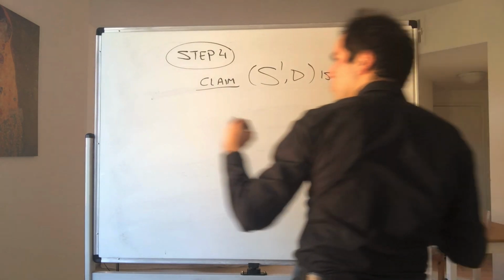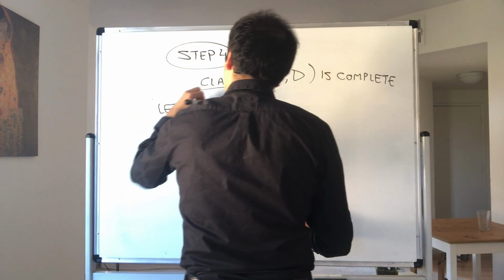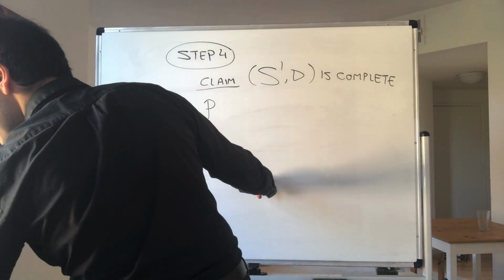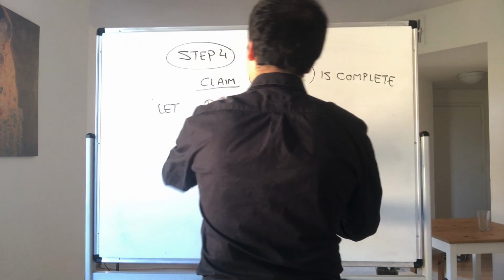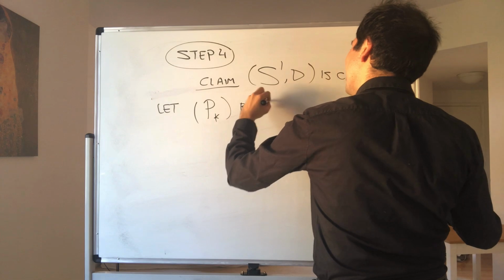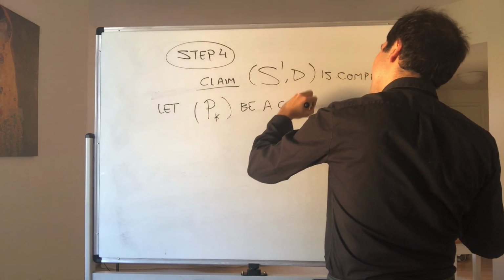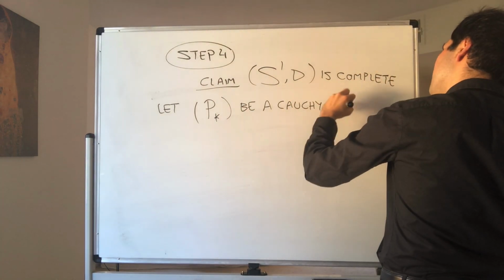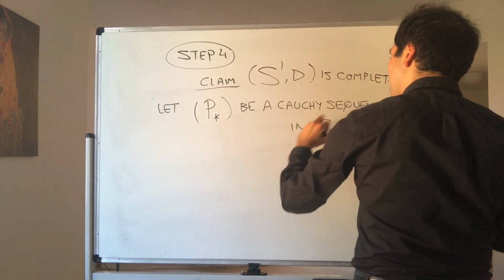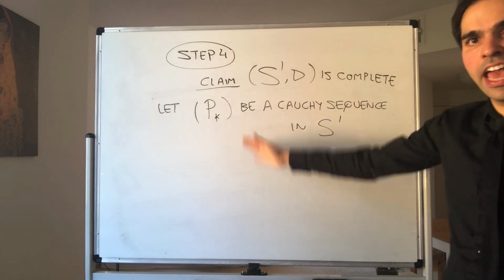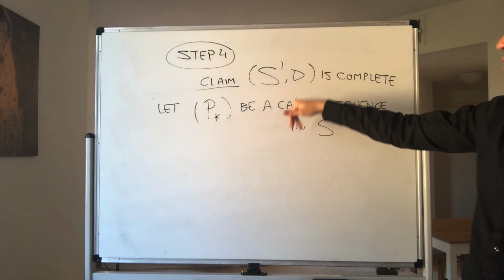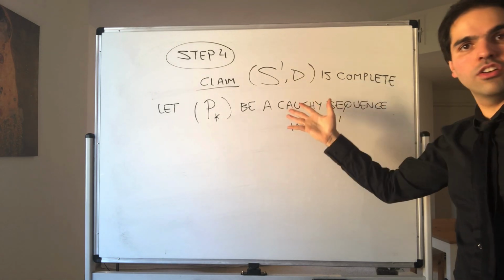So let P_k be a Cauchy sequence in S prime. What we want to show is that P_k actually converges to some element in S prime, but remember, with the metric of D.